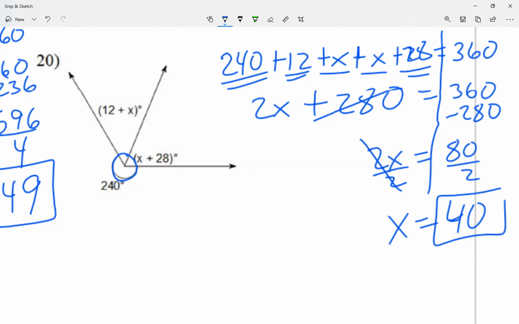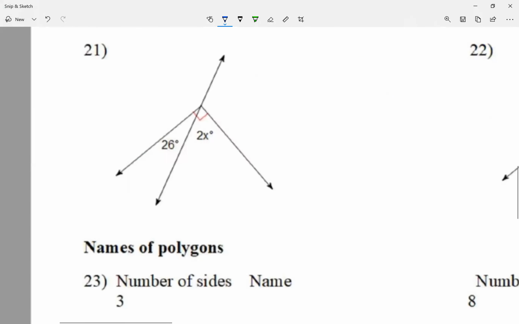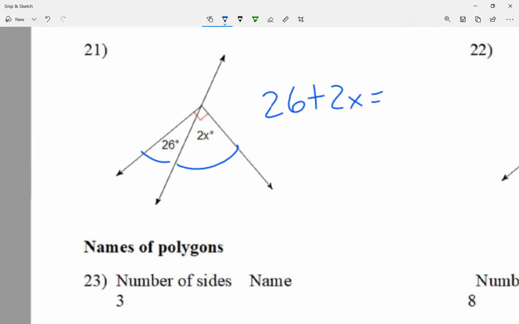Now let's take a look at the last 2 examples. Question number 21. When I add these 2 small angles, there's 26 and 2x. If I add those two, 26 plus 2x, I'm not going to let it equal 360 because it's not the whole circle. I have no idea what's outside over here, so I cannot add it to the outside.